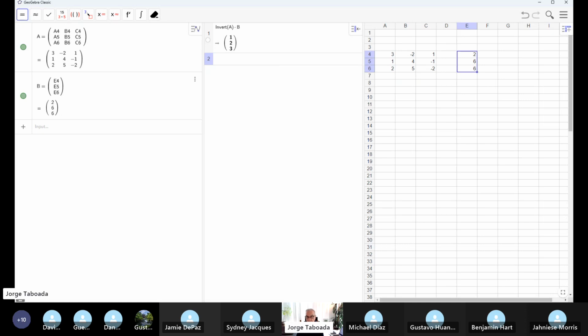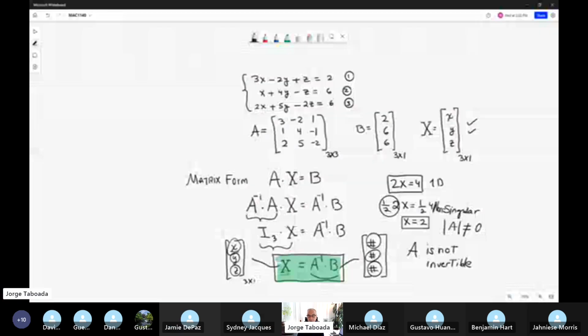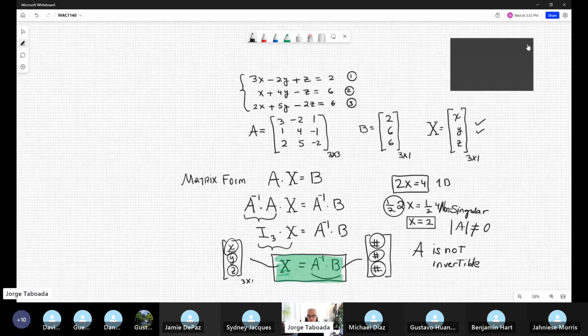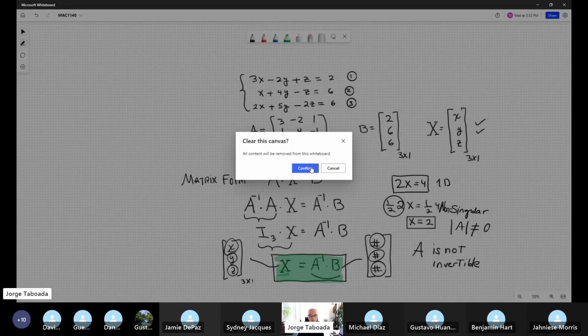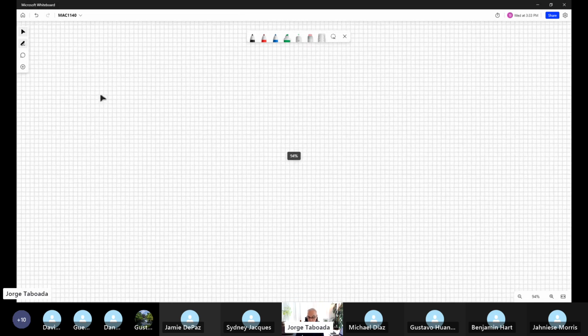Okay, whiteboard now. I want to erase totally my whiteboard, new whiteboard. Okay, there you go. Do you see the whiteboard, right? I want to copy question one in the review package.